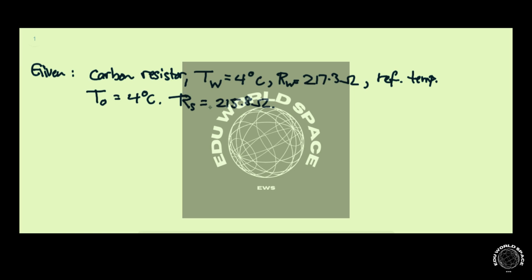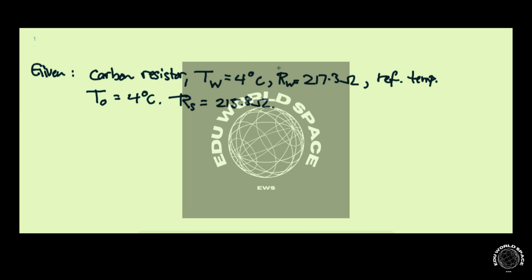So we're given that a carbon resistor is going to be used as a thermometer, and on a particular day, there is a temperature of 4 degrees Celsius, which has a corresponding resistance of 217.3 ohms.